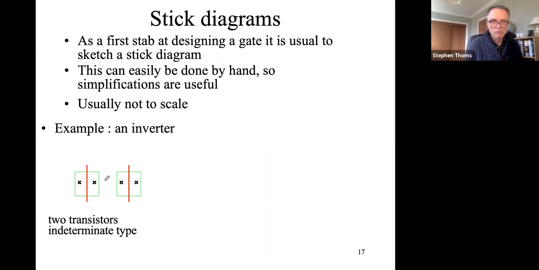Now, this is using different colors. I've got red, black, and green. You can do this in monochrome. It's a little bit trickier in monochrome to some extent because we haven't finished the device yet.